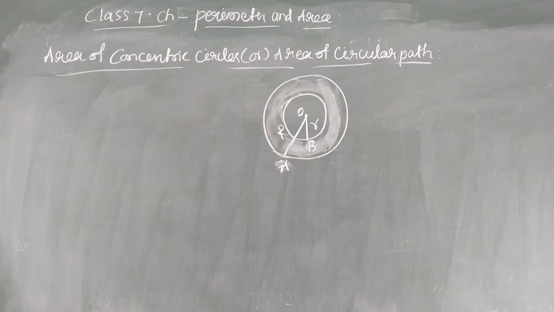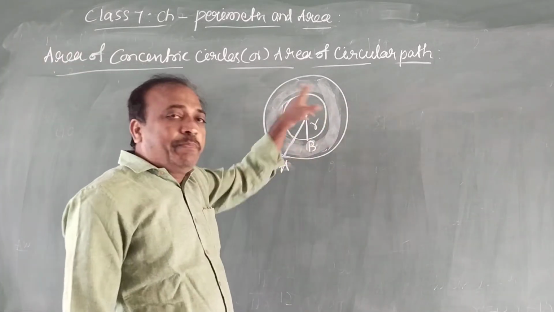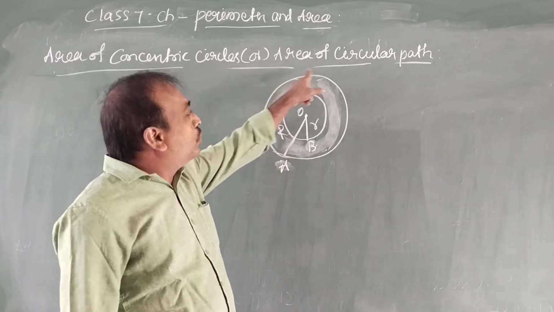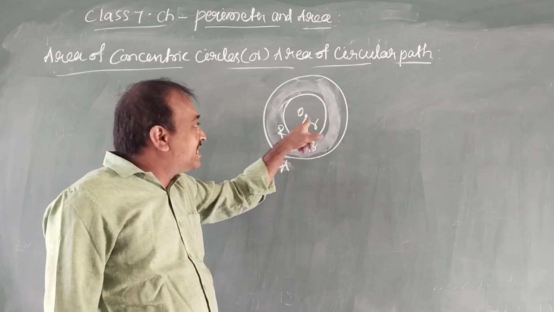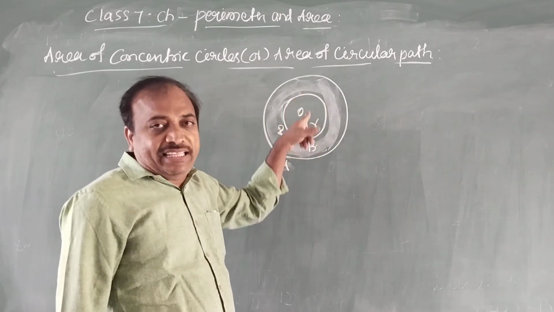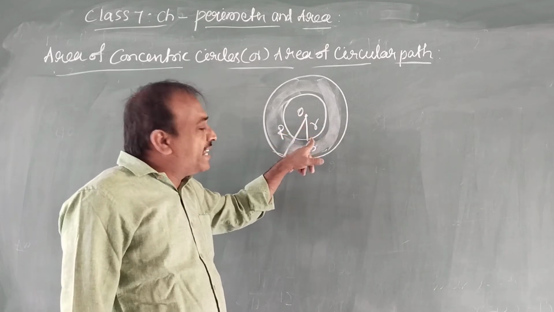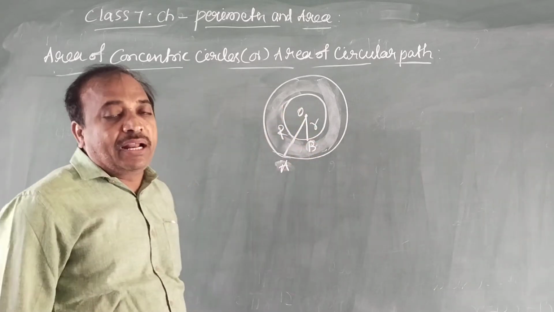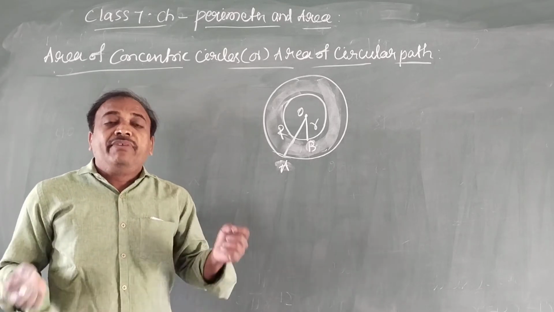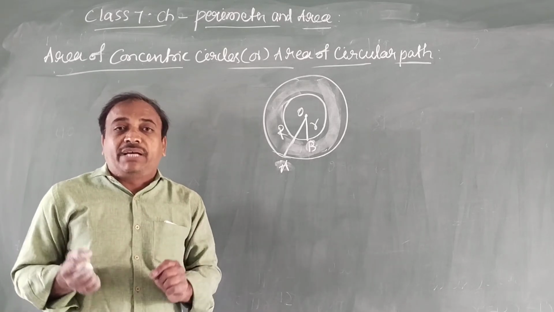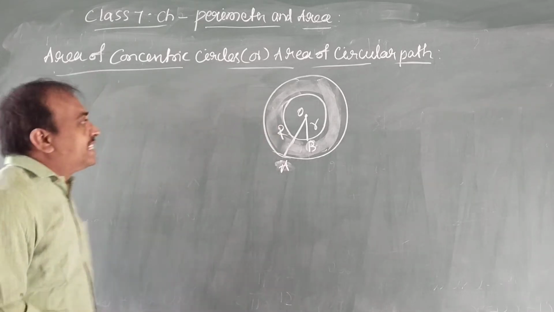The area of the concentric circles, or area of the circular path, or area of the shaded portion: the outer circle radius is more than the inner circle radius, so it is denoted by capital R, and the smaller circle radius is denoted by small r. They are both concentric circles, which, as we just discussed, have the same center.